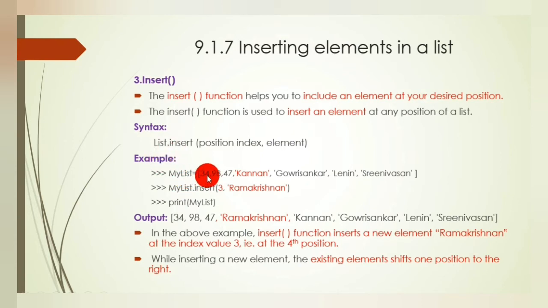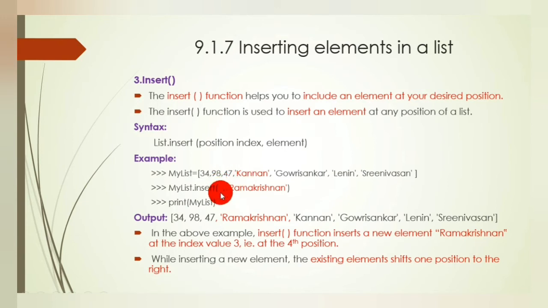mylist = [34, 98, 47, Kannan, Gauri Shankar, Lenin, Srinivasan]. We already know a list holds a collection of elements with different data types, so it is a heterogeneous collection of elements. Now we want to add one more element in this list. Which position do we want to add it at?